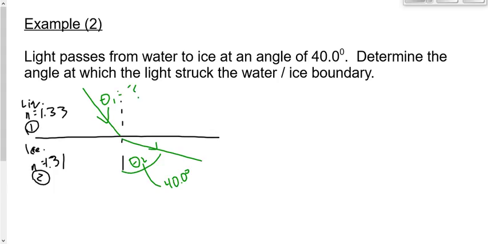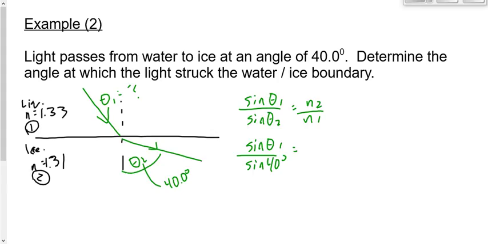So we're going to say sine theta 1 over sine theta 2 equals n2 over n1, 2 of the 4 parts of the equation, right? Sine theta 1 over sine 40 equals n2, which is 1.31, over 1.33.